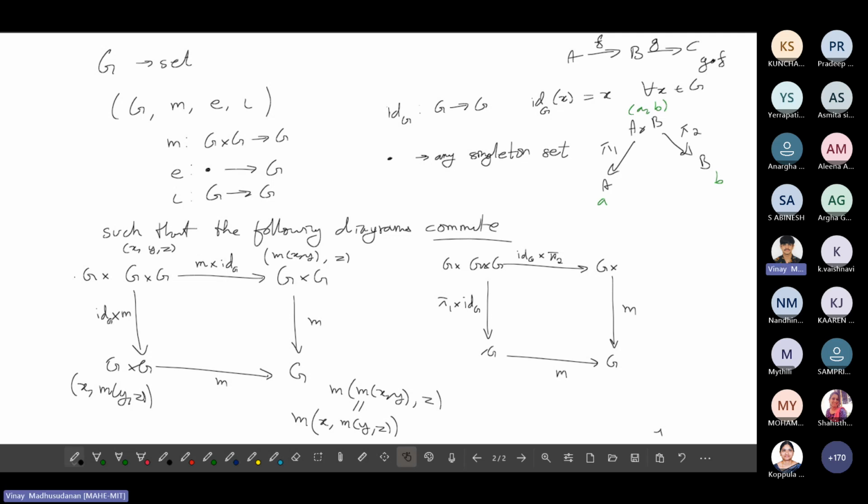I have to write it as two different diagrams. There's no way to combine it into one. So I'll redo this. So one is singleton set cross G.